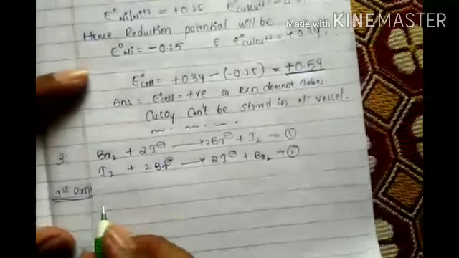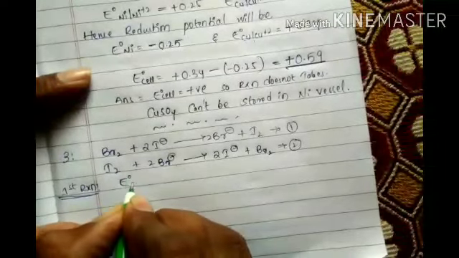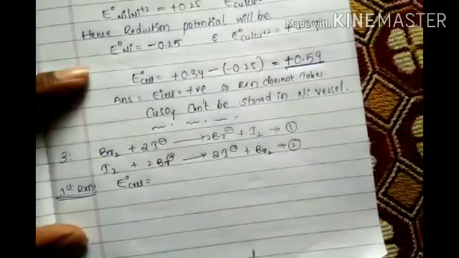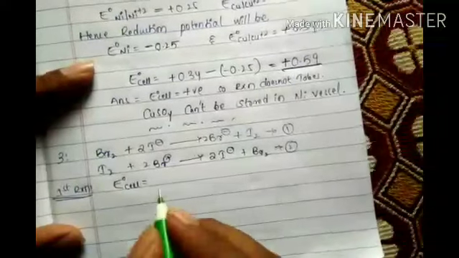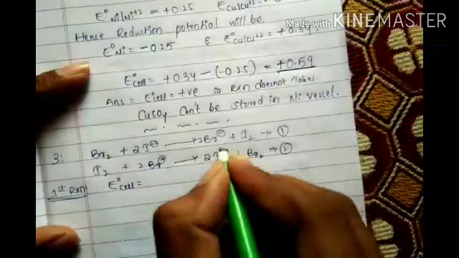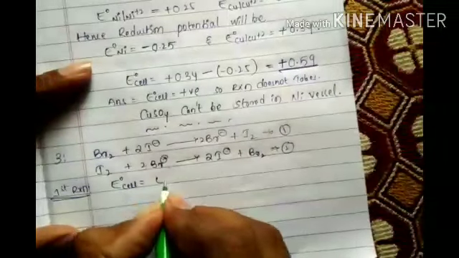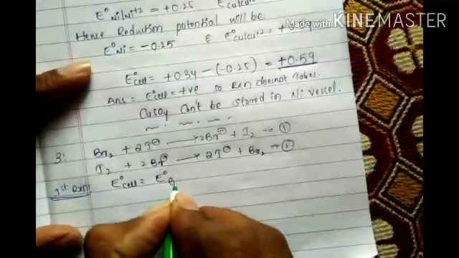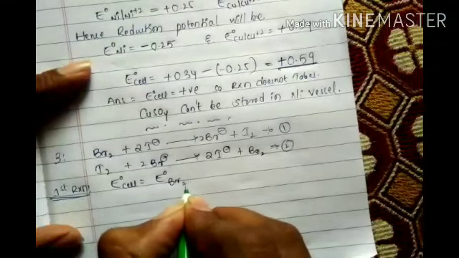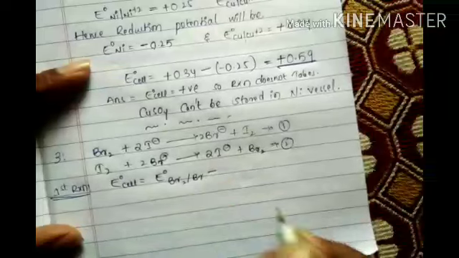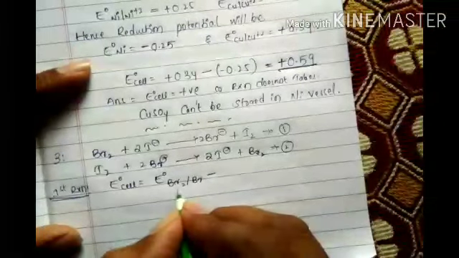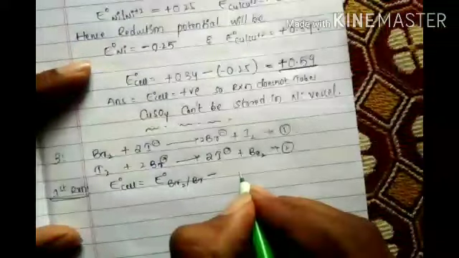First reaction. E naught cell equals cathode. What are we taking here? Cathode: reduction where it is going on, there only we are taking. I am not telling again and again. So cathode I am taking Br2 to Br minus. Why I am taking Br at the cathode place, you know.